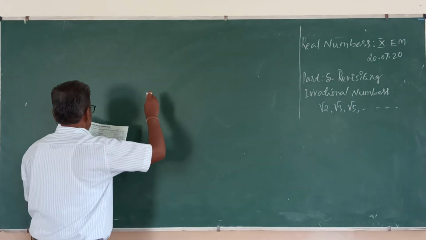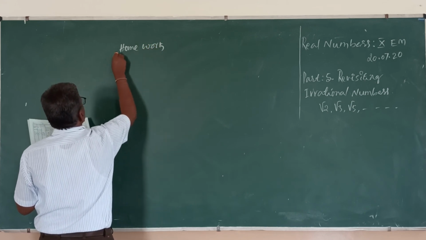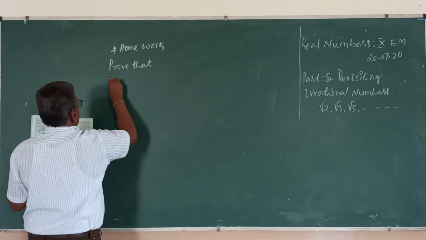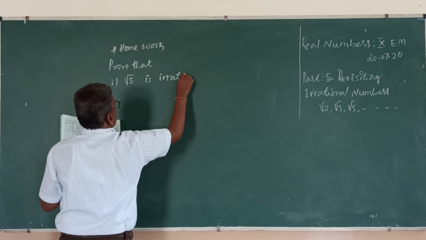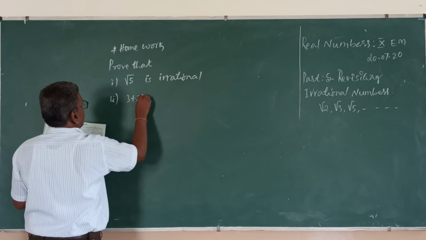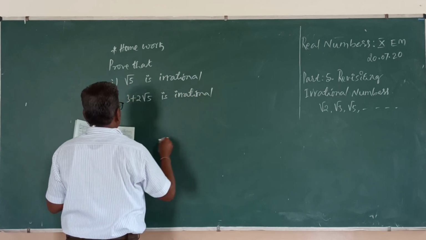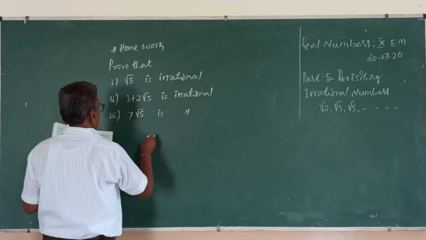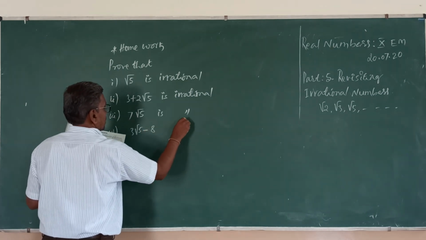Let's take some examples. Prove that root 5 is irrational. 3 plus 2 root 5 is irrational. 7 root 5 is irrational. 3 root 5 minus 8 is irrational.